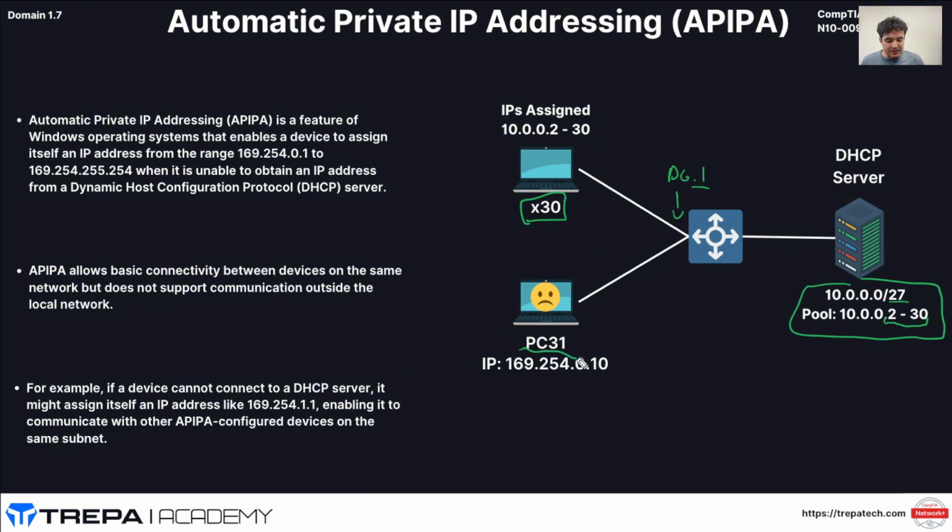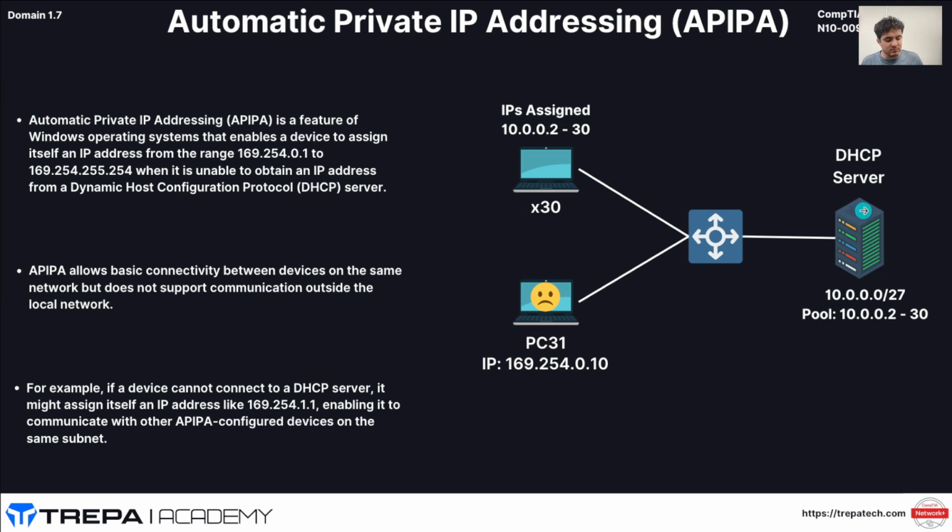When we add PC31 here, it's going to reach out to the DHCP server and it's going to be like, I got nothing for you. We're exhausted, this is our range. We got nothing for you, PC31. The Windows operating system, if that's what's on this PC, is going to say, fine, I'll self-assign myself an IP address. And that's going to be in APIPA in this range.